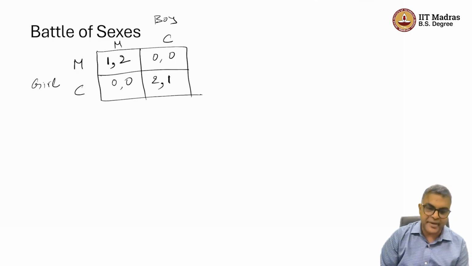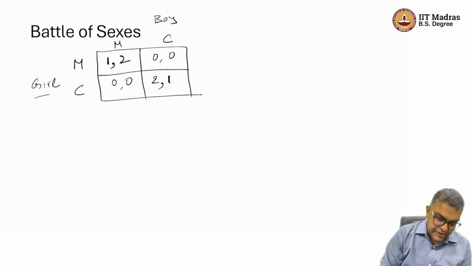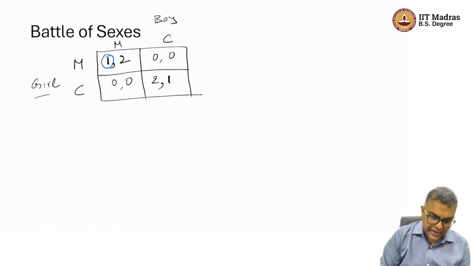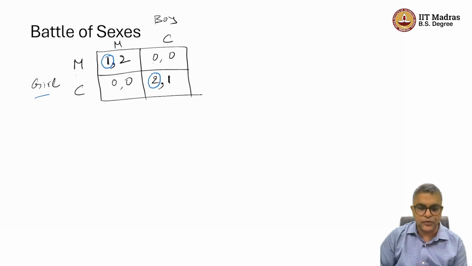So we can go the best response route. What would be the girl's best response if boy is playing M? The best response is M. And what would be the best response of girl if boy is going for cricket? It is also to go for cricket, because if girl goes for movie, payoff would be zero.